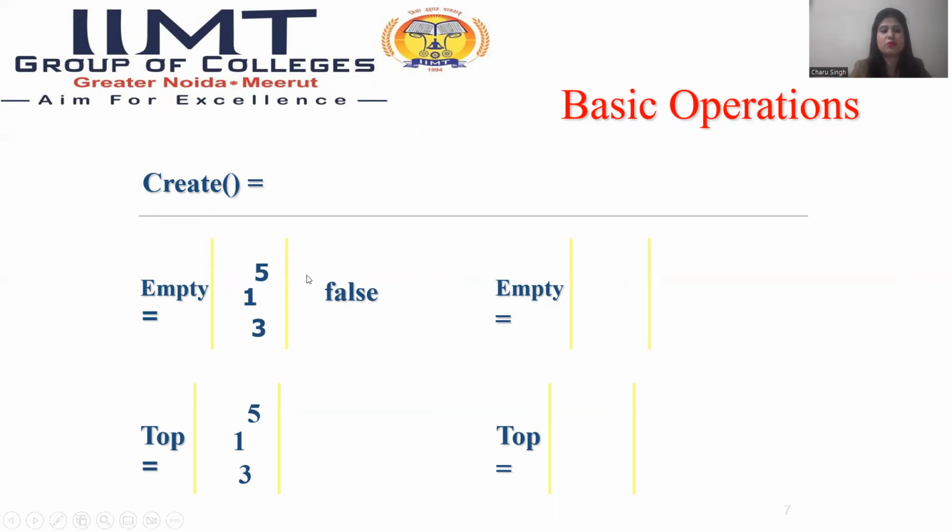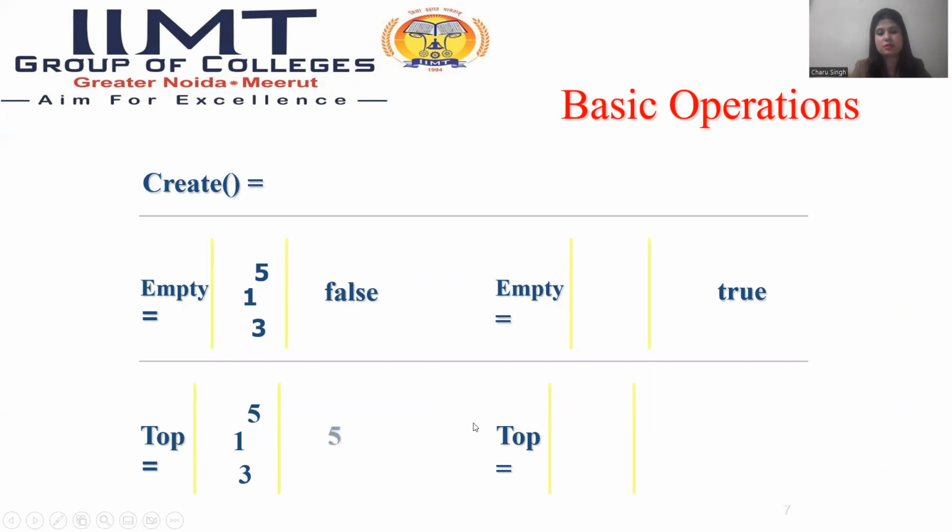If we try to focus on this example, that is false, because if the stack is empty, that means there is no element. Next, here top is indicating the 5, 1, and 3.